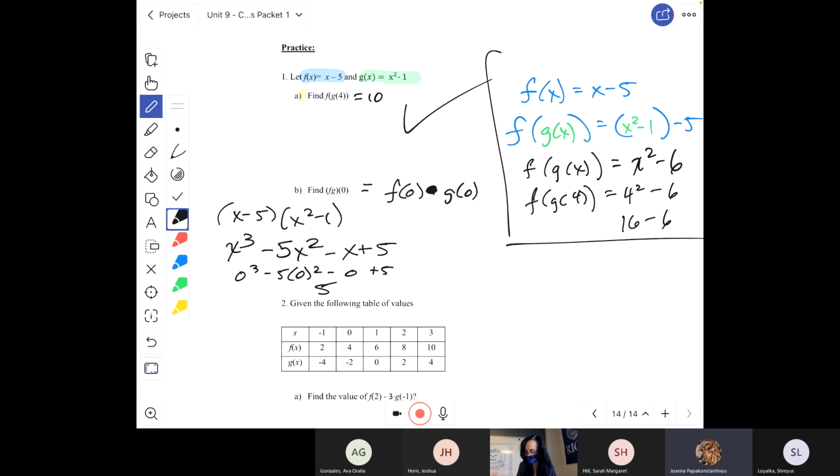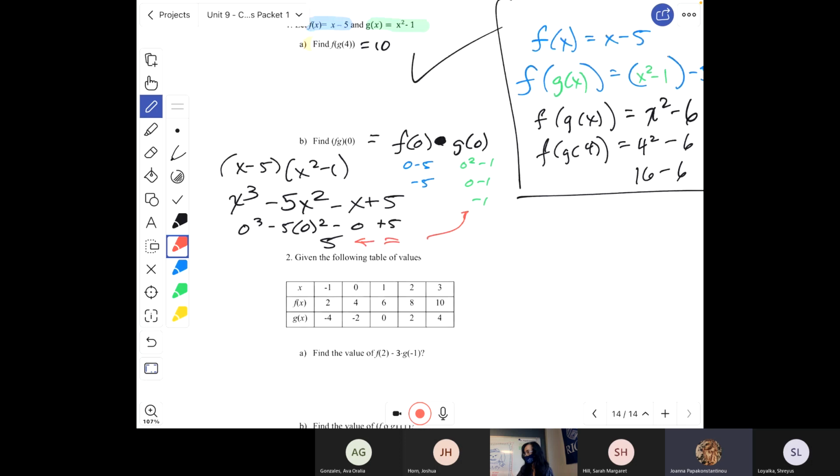Okay, let's do it the other way though. F of 0 is 0 minus 5. G of 0 is 0 squared minus 1. Negative 5 times negative 1. Doesn't matter which way you do it. One way's faster than the other, with less room for error. Make sense?